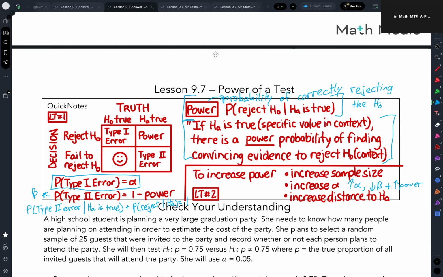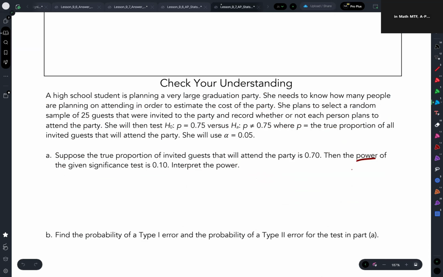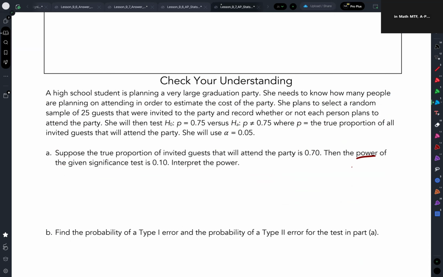Let's go back to our check your understanding questions. Suppose the true proportion of the invited guests that will attend the party is 0.7, then the power of the significance test is 0.1. Interpret that power.